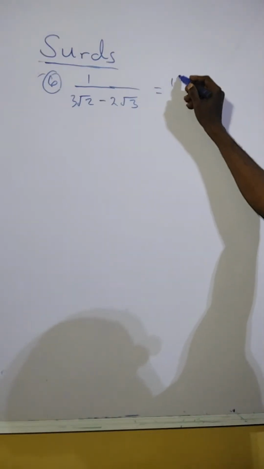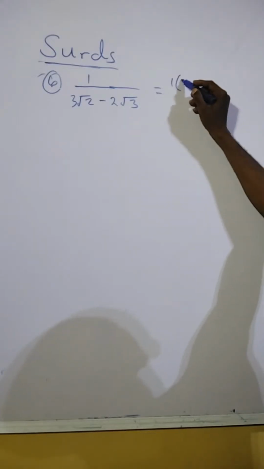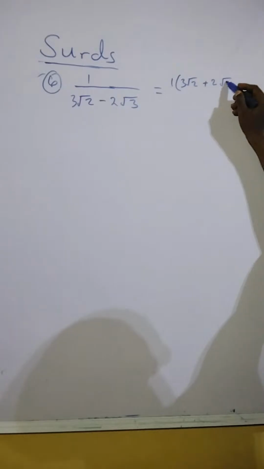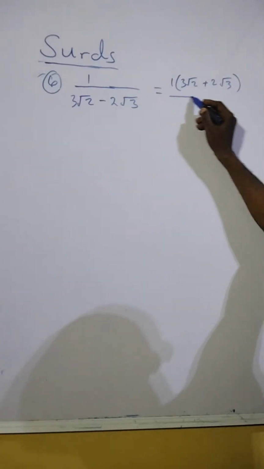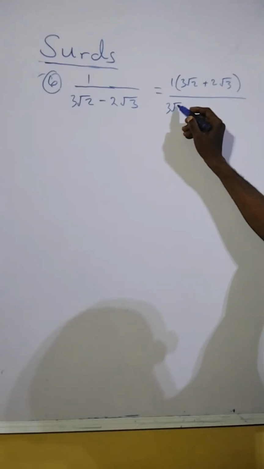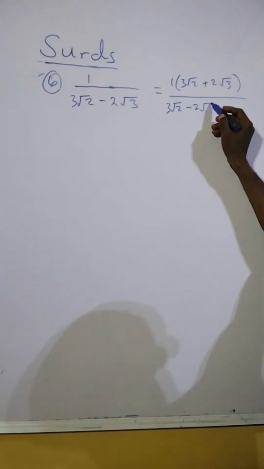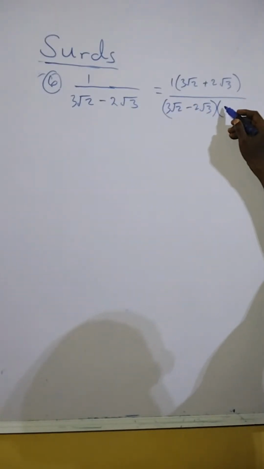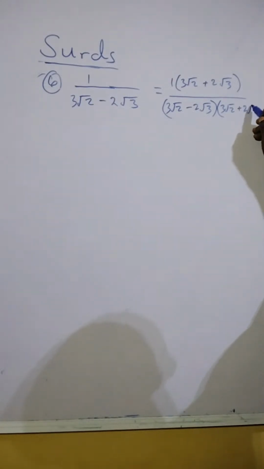Here this becomes 1 times the conjugate here, that's 3 root 2 plus 2 root 3. Then divide by, multiply this also by the conjugate. We have 3 root 2 minus 2 root 3 times also 3 root 2 plus 2 root 3.